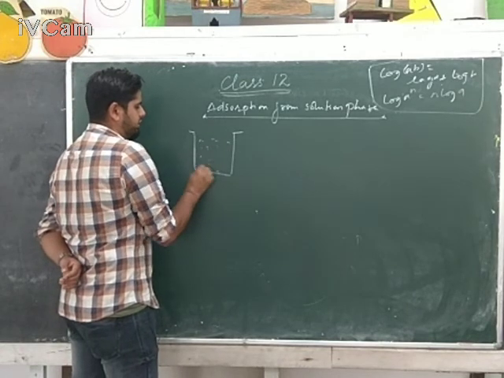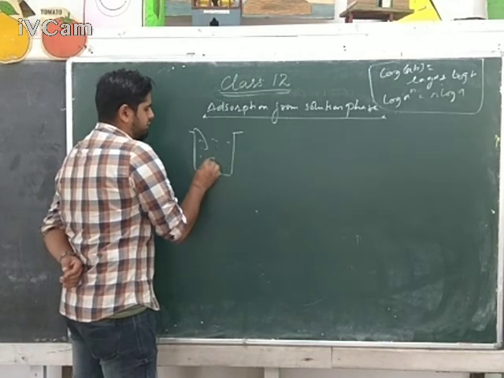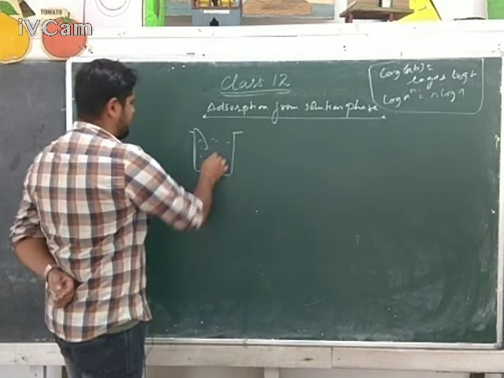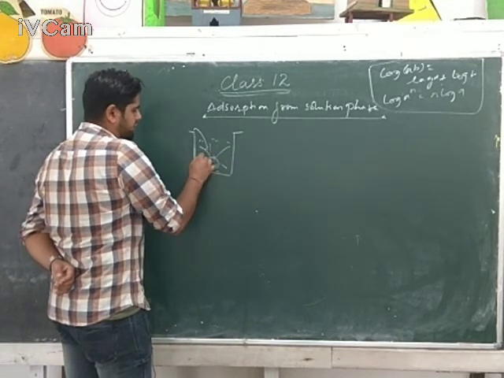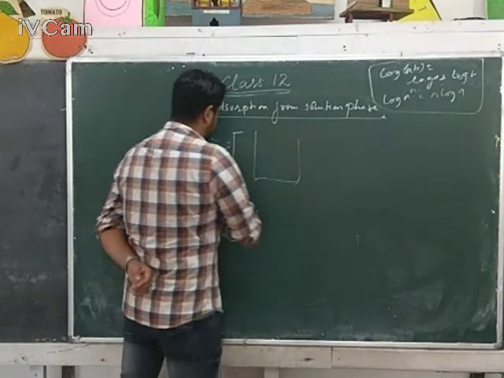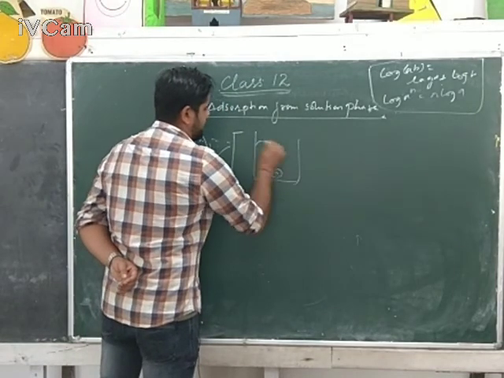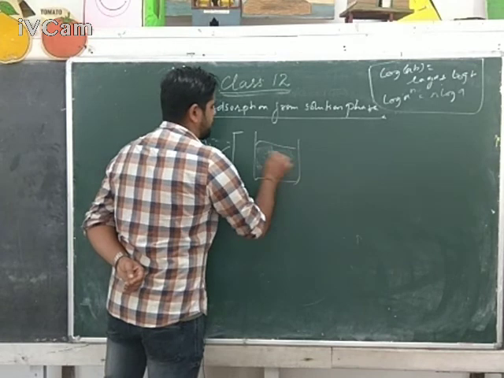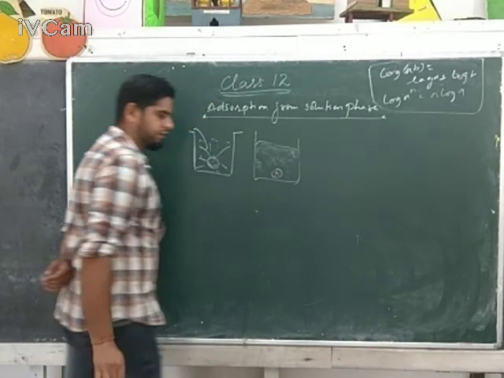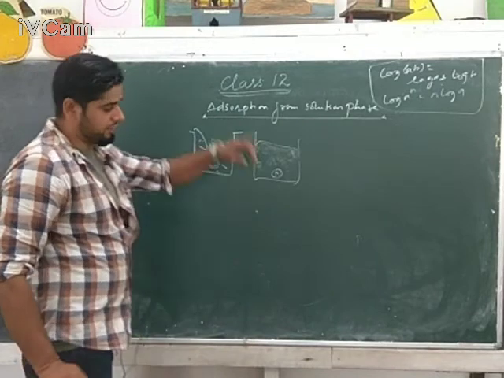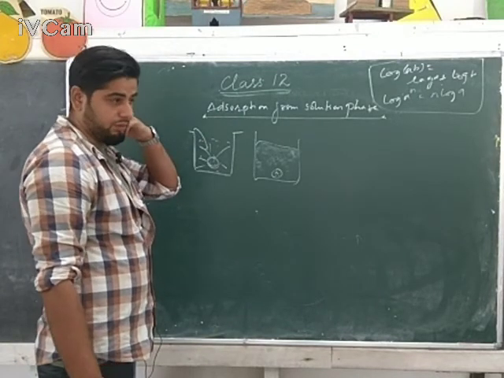Solution is there and some impurities are. If you add some adsorbent, suppose activated charcoal, then what will happen? All these impurities will be adsorbed on this charcoal. This is charcoal with impurities and this is clear water or clear solvent. Yes or no? So this type of adsorption is known as adsorption from solution phase. Okay.